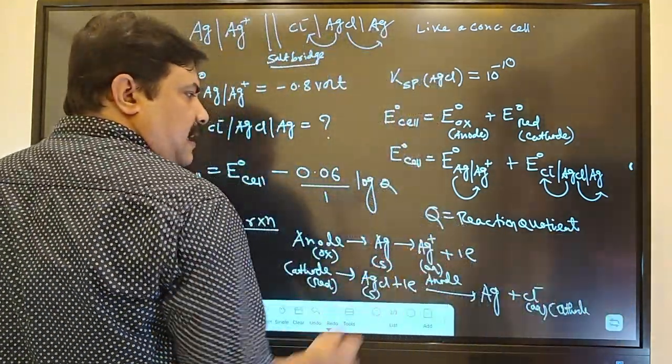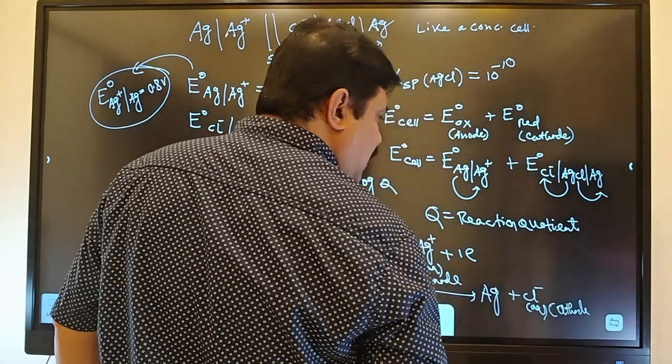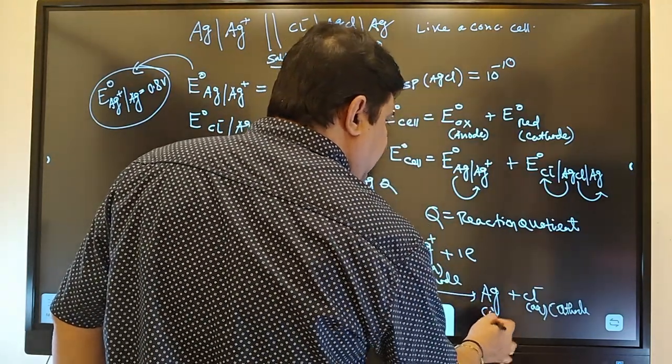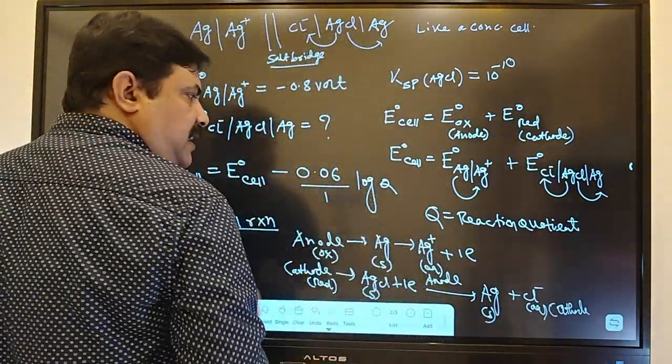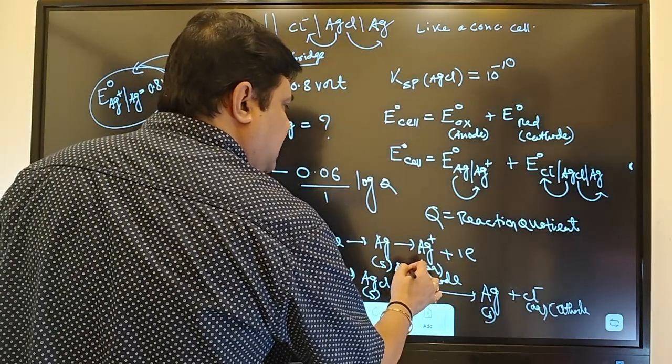Now this Ag plus is at the anode, Cl minus aqueous is at the cathode, and this Ag solid is at the cathode, and this Ag solid is at the anode. This is the situation.